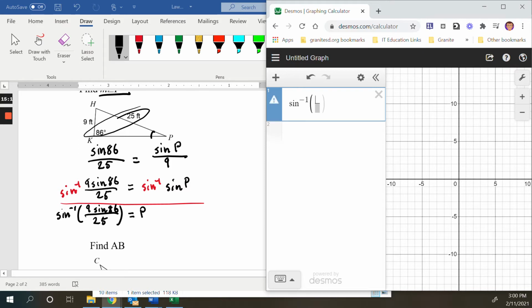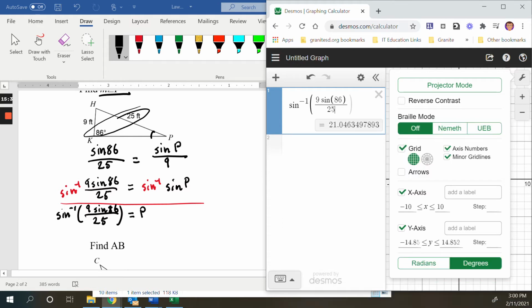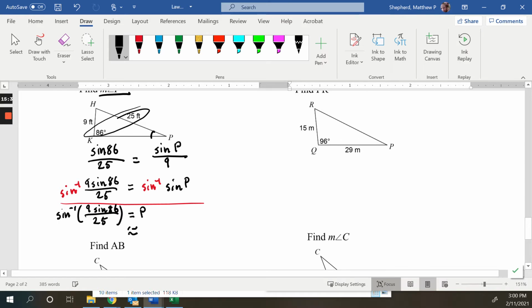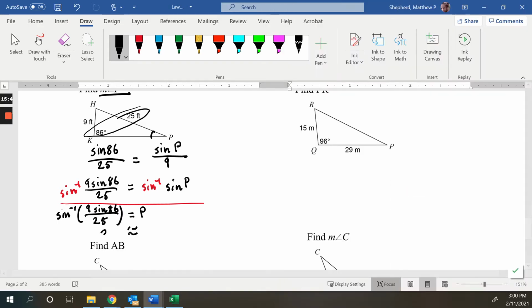Oh, and to get that fraction, type the division first. 9 sine of 86 all over 25. And we were dealing with angles, so make sure to come up to the graph settings, change it to degrees. So that would be approximately 21.